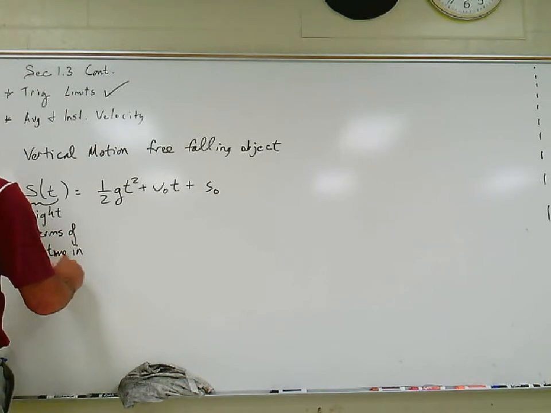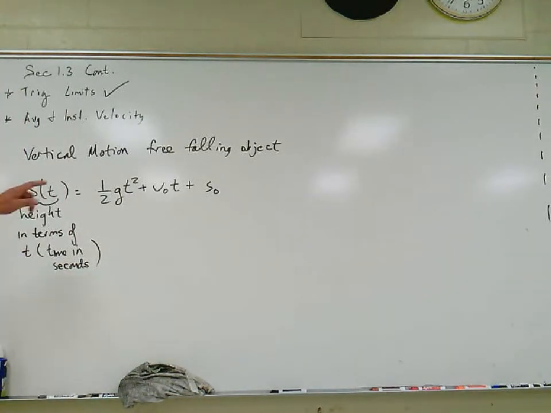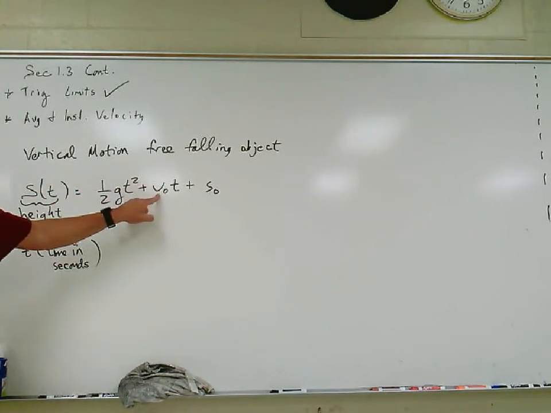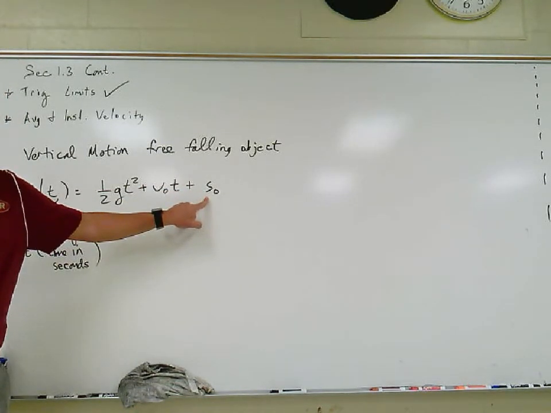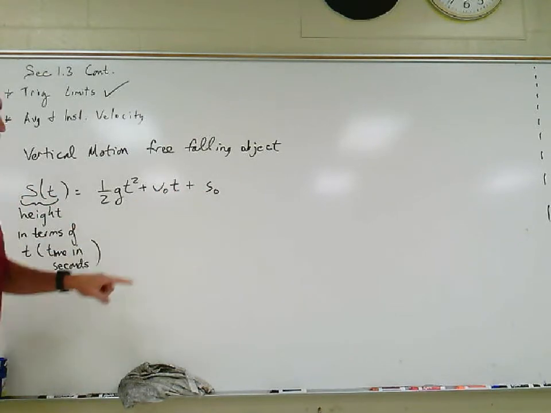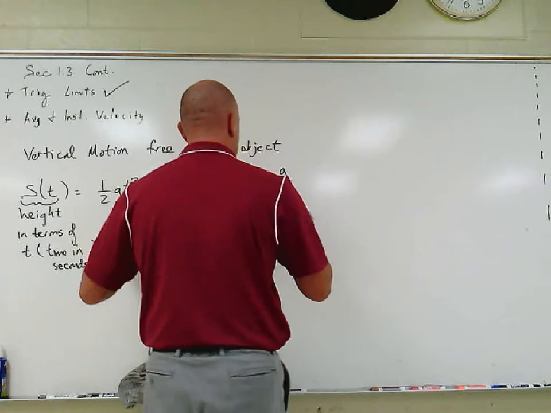So s of t and little t are your variables. That means g, this is read v naught, or v sub 0. This is s naught, s sub 0, okay? Those are constants. So g, v naught, and s naught are all constants.